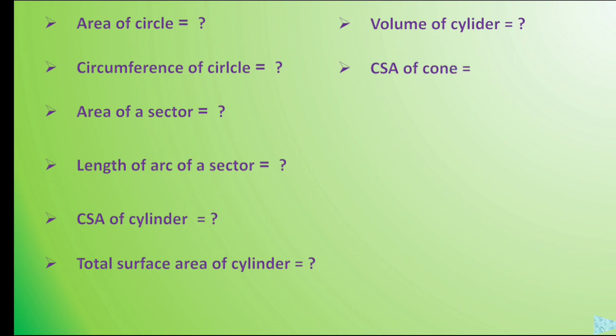Curved surface area of cone. Tell me the formula of curved surface area of cone. It's pi r l, where l is under root r square plus h square. Total surface area of cone. What is the formula of total surface area of cone?